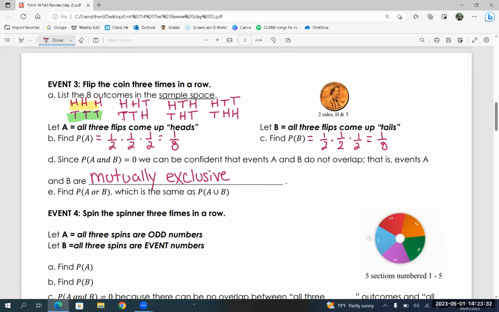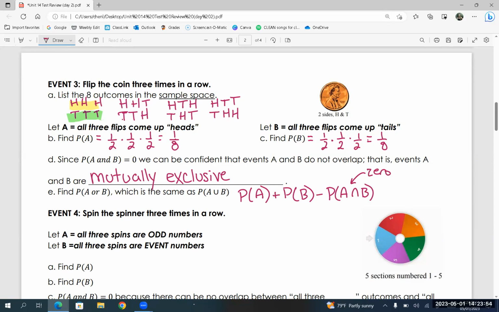So part E, find the probability of A or B, just getting used to our symbols. That would be the probability of A plus the probability of B, minus the probability of A and B. And we just said that is going to be 0, because I can't flip a coin and get heads and tails at the same time.